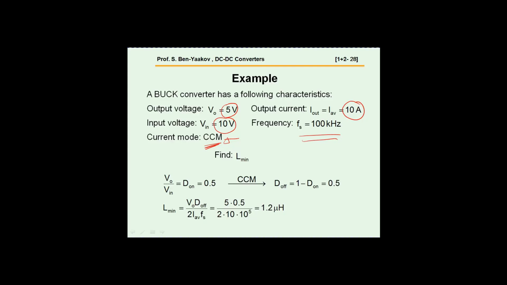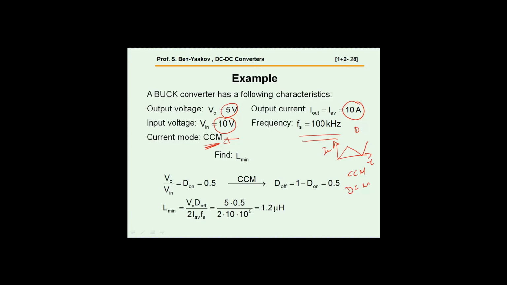So the question is, what would be the L minimum that I need to make sure that for this particular point of operation, the operation will be still in CCM. This is a boundary between CCM and DCM. Okay, this is the inductor current, and this is time.